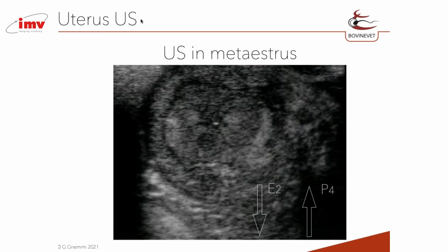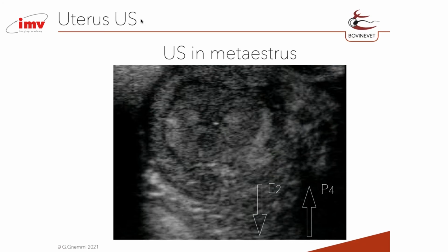So if I am able to distinguish these things by ultrasound, I can define if I am at day 14 or day 18. So the ultrasonography of the uterus is not important only to define pathologies, but above all to define in which particular part of the luteal phase or of the follicular phase we are working.